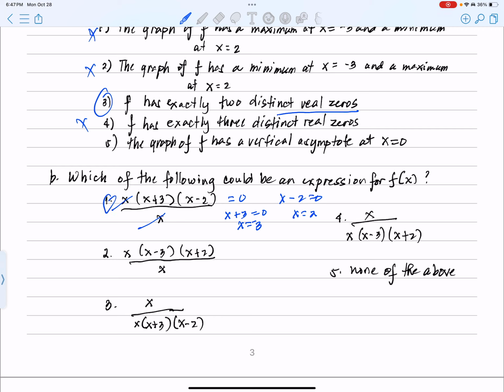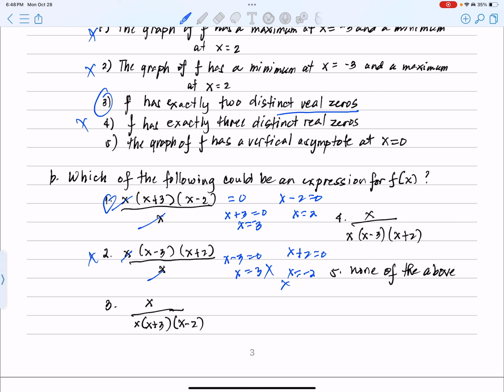Because if you do this, x minus 3 is 0, x is 3, which is not a 0. Then x plus 2 equals 0, then x is negative 2, which is not a 0. It's not the same thing here.